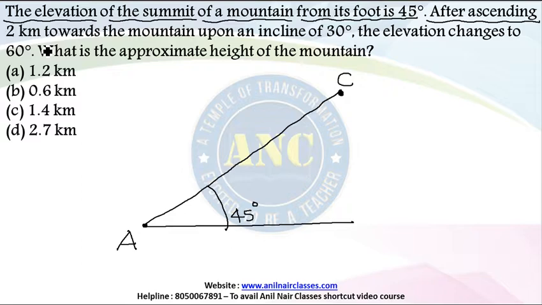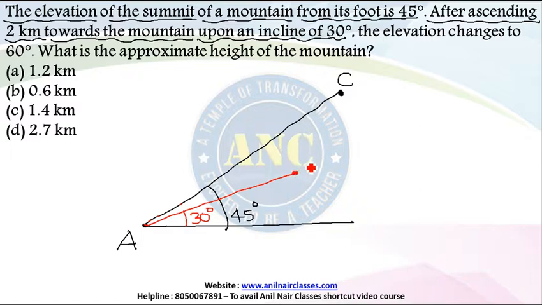After ascending 2 kilometers towards the mountain upon an incline of 30 degrees, I will not move along AC itself. I will have an inclination of 30 degrees and I will travel for 2 kilometers.